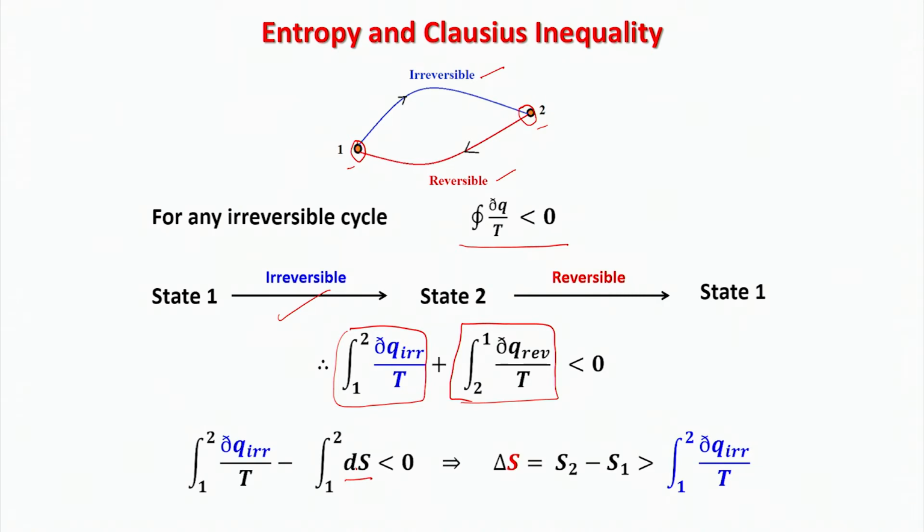If that is so, then I can write down this expression as I retain this integral as it is, but I replace this quantity by ds. So now I have this minus this integral is less than 0. But can I carry out this integral?